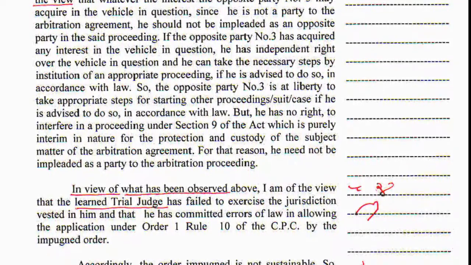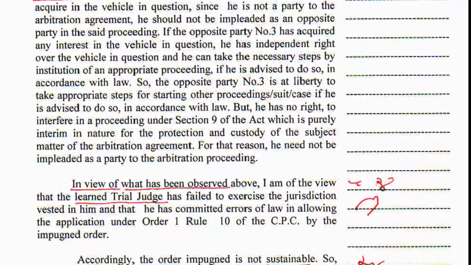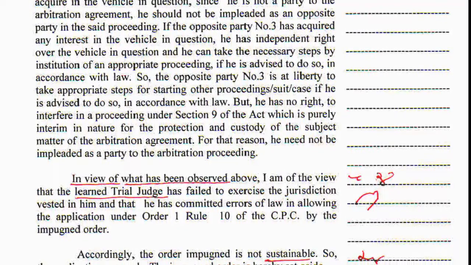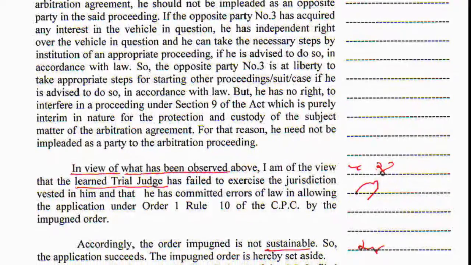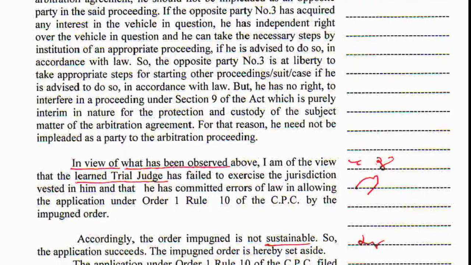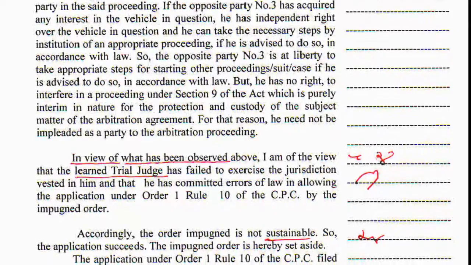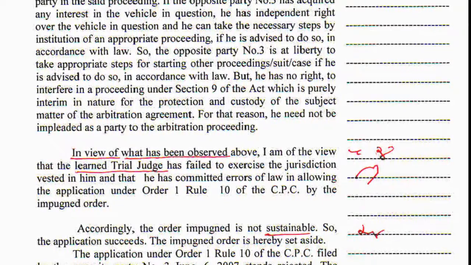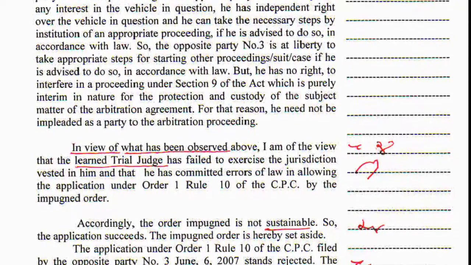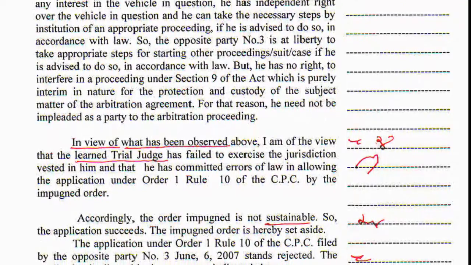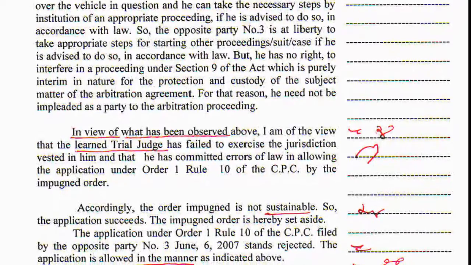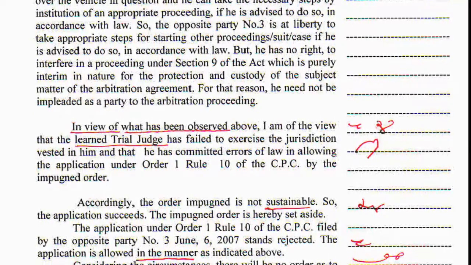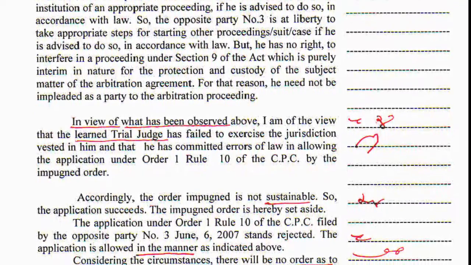In view of what has been observed above, I am of the view that the learned trial judge has failed to exercise the jurisdiction vested in him, and that he has committed errors of law in allowing the application under Order 1, Rule 10 of the CPC by the impugned order. Accordingly, the order impugned is not sustainable, so the application succeeds.